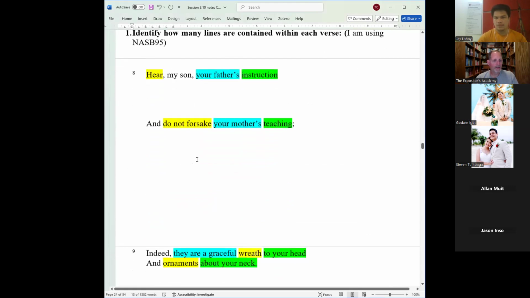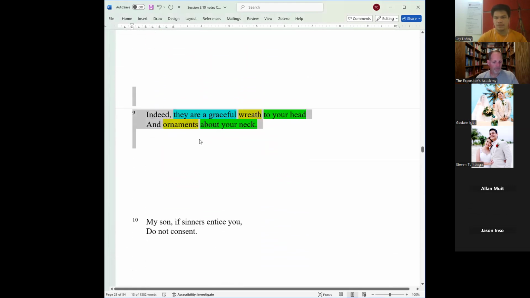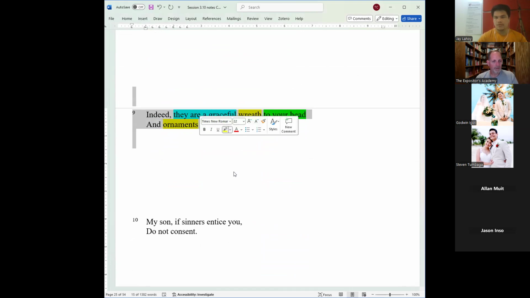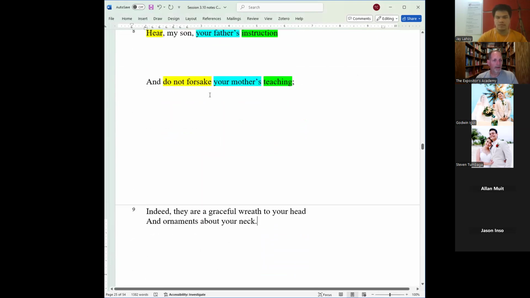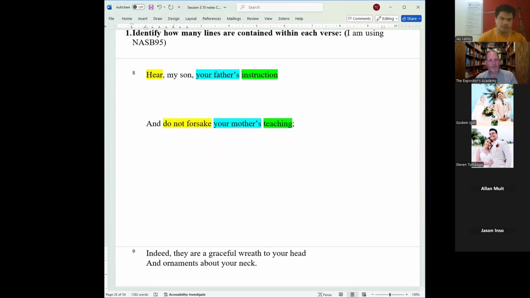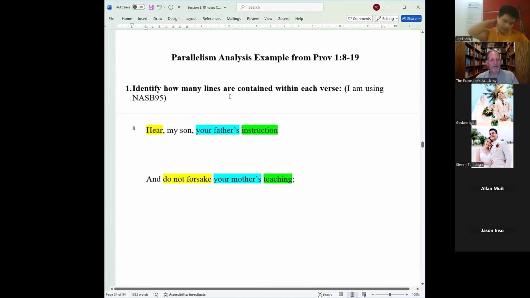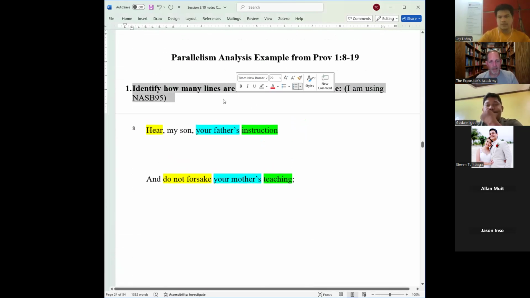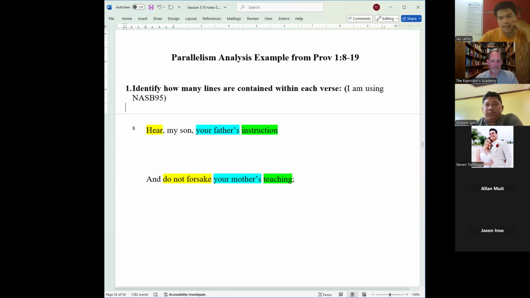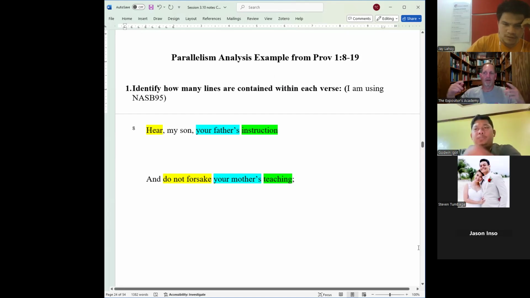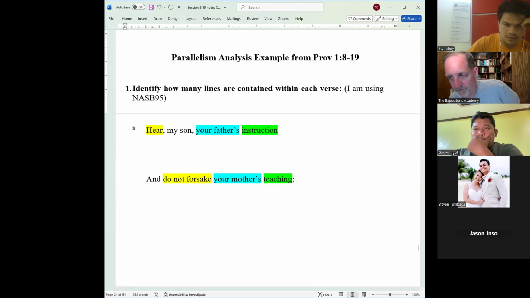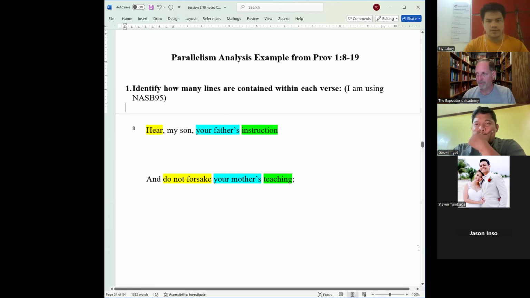And I'll do the first one just for an example, and then we'll go through it together. Now, I'm going to combine the steps here. I just tell you to identify how many lines, and then after you do that, the second step will be to go back and identify the parallelism. Let's just do both for each verse, just to save a little time.